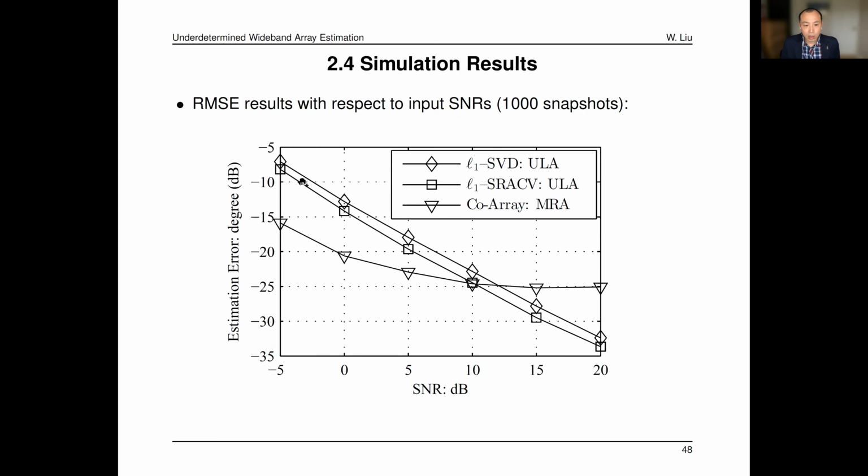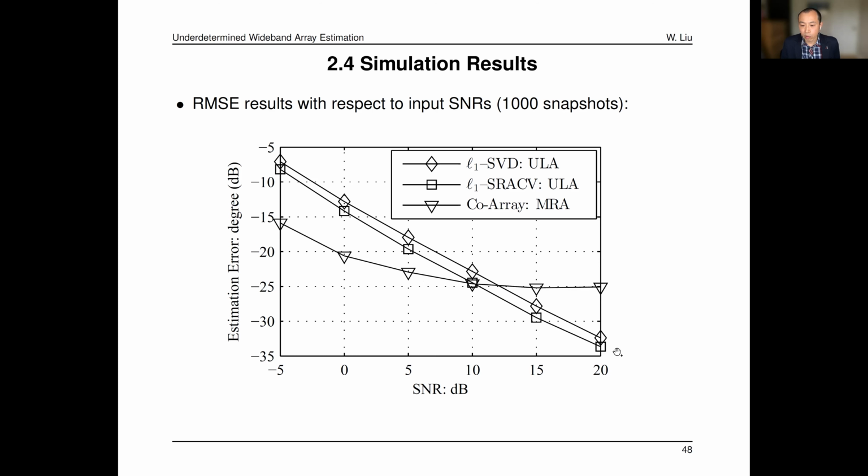But one interesting observation is, for the URA, as you increase the SNR, the estimation accuracy keeps improving. But for the co-array-based method, you will reach a threshold, reach some level, then stay flat.